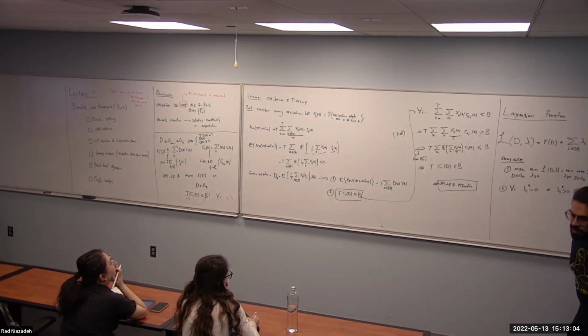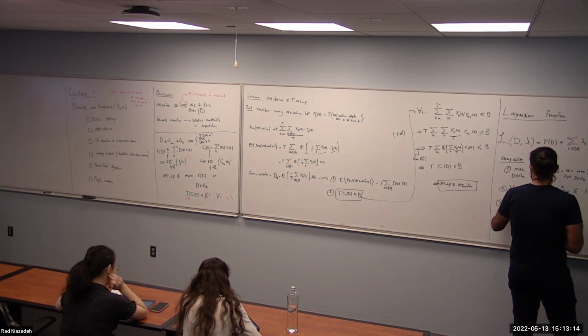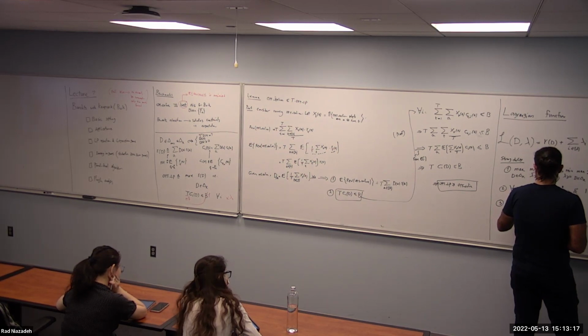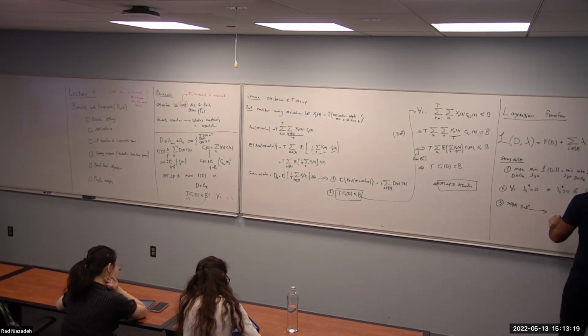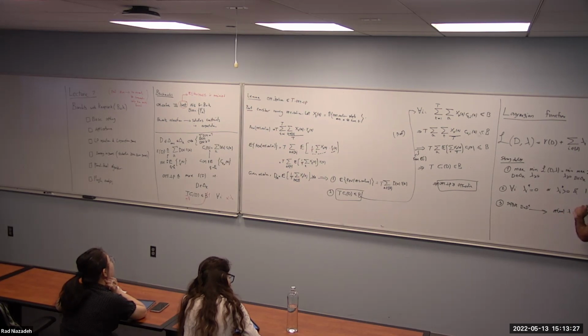Everything other than the maximum of that should be 0. Let's write that down. Suppose b is equal to d star, then the optimal lambda has this property. Let's write it out in simple language.